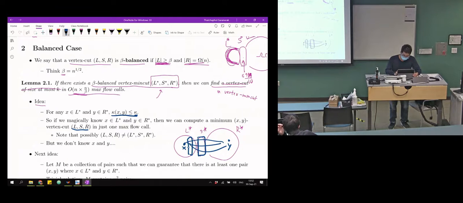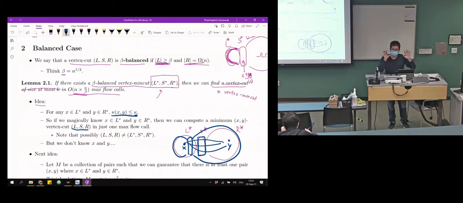Min cut is not unique, right? So when you compute the X, Y separator, you might get some other cut, but of the same size, not the same cut.